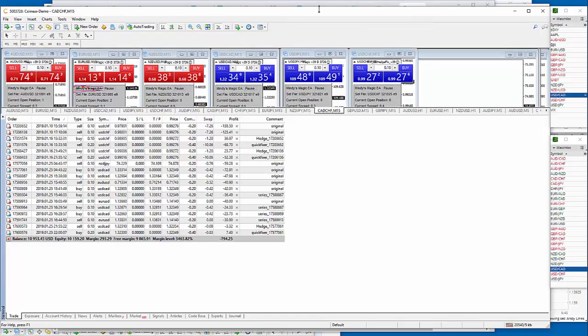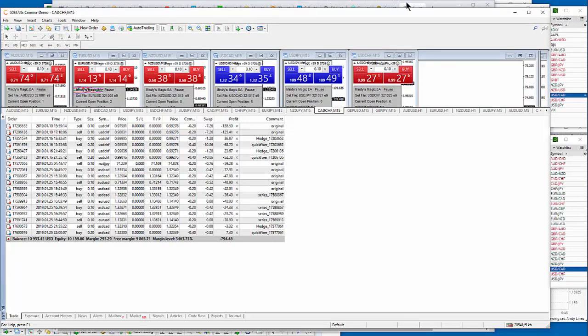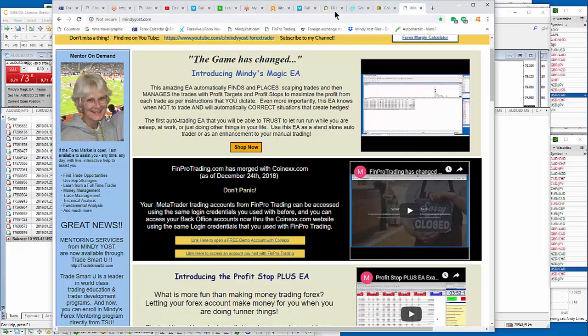So that's called trading with higher leverage. Okay, I'm actually using a 500 to 1 leverage, meaning that I have more money left in my usable margin to manage my trades, right?